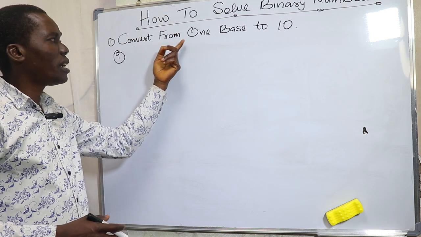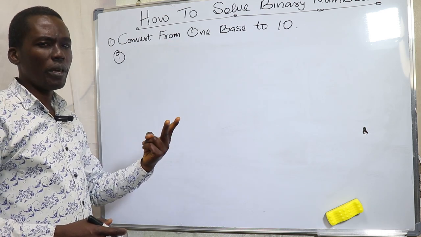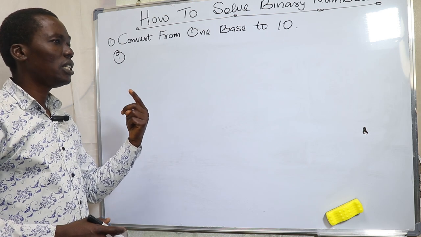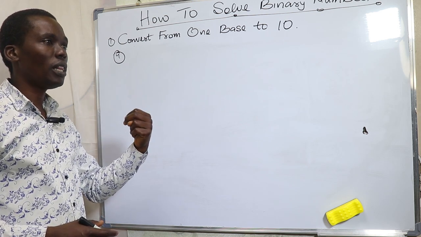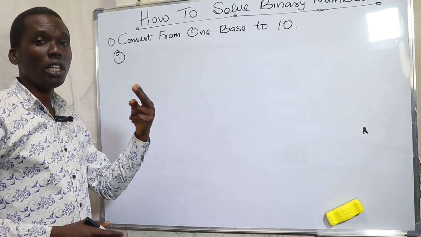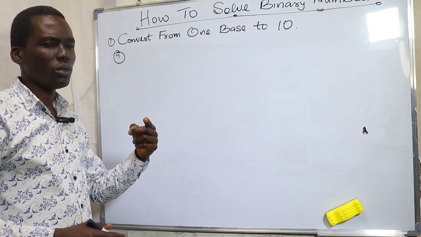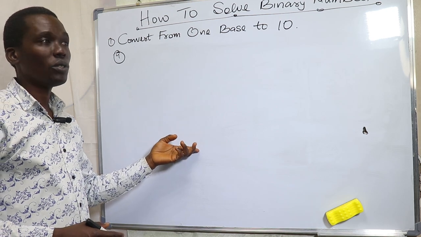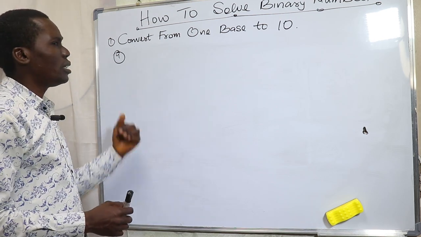If we are asked to convert from one base to base 10, then we can use two methods. One is the power expansion method I told you earlier, and the other is the successive multiplication method. So let's look at how we can use those methods in solving this question.